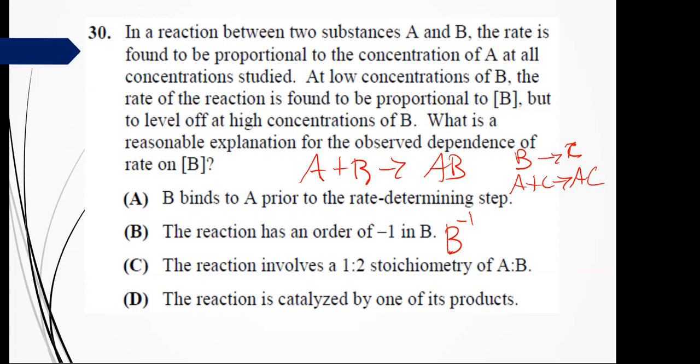What we do know is at low concentrations, B matters, but at high concentration, it seems to die off. If it was just rate equals k[A][B], like a one pot reaction, then no matter how high the concentration of B is, it should always still impact our rate.